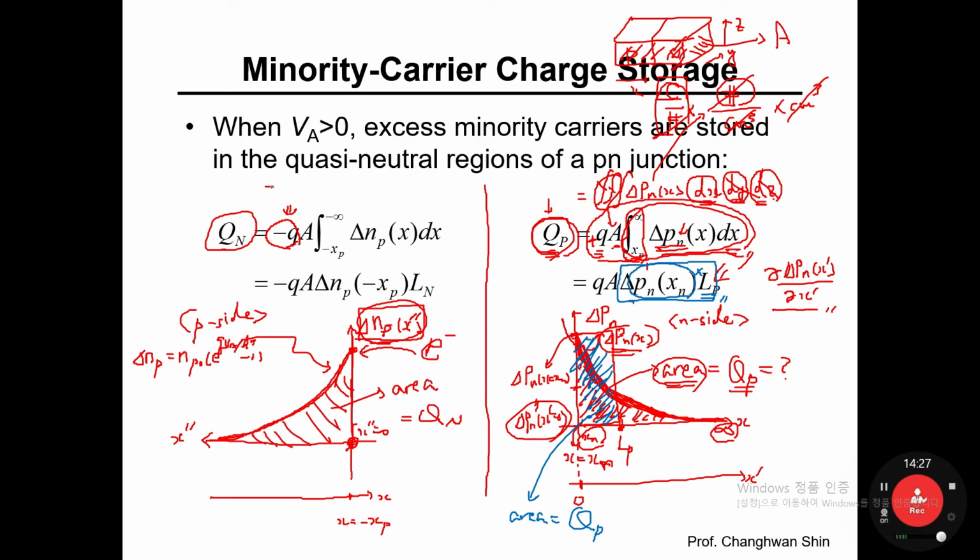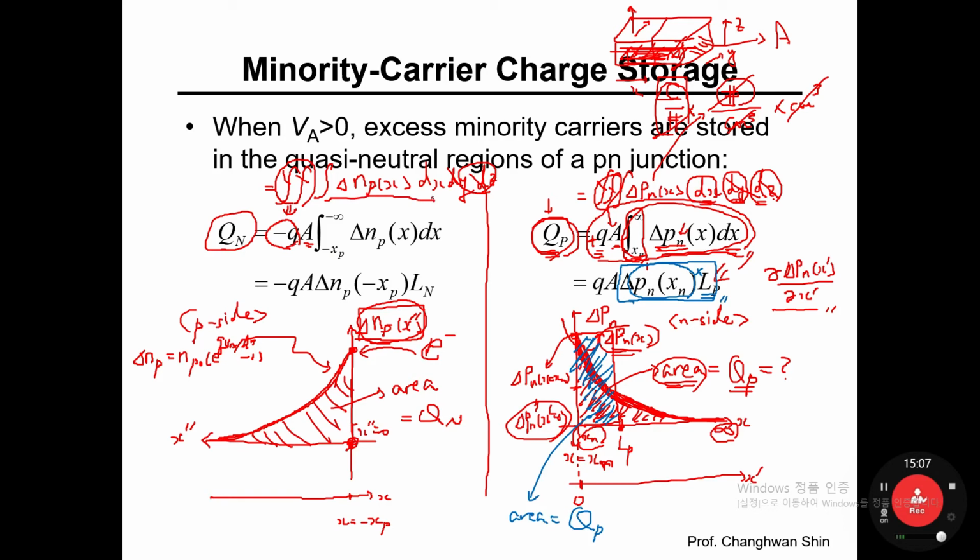This q sub n should be the integration of all the electrons coming from the n side into the p side, in the x, y, z directions. But since the y and z directions are identical, all the physical events that happen along the x direction are identical and valid along the y and z directions. So these two integrations, dy dz, will be combined together as A, which is the cross-sectional area of the p-n junction diode.